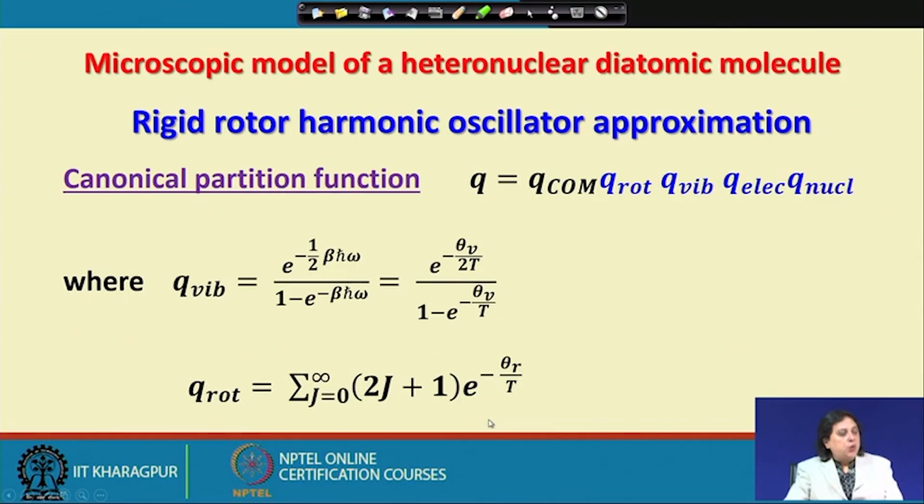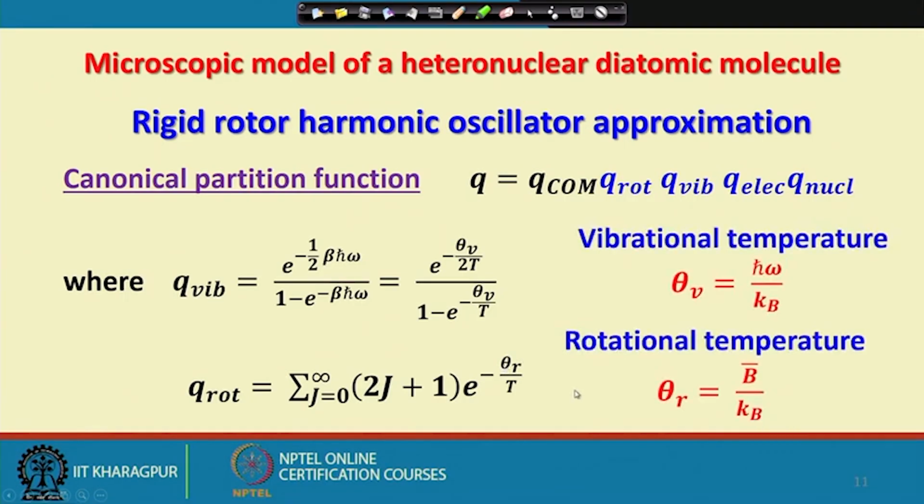And here also what we have done is we have introduced a characteristic constant theta r or theta rot, and by definition this is also having the dimension of temperature, and this is given by B bar by kB, where this is the rotational constant as appropriate for the underlying energy levels, which are for the jth energy level the degeneracy is 2j plus 1, and I know that then this contribution that will come here is theta r, and here I should have also j into j plus 1. So, I am sorry, this needs a correction.